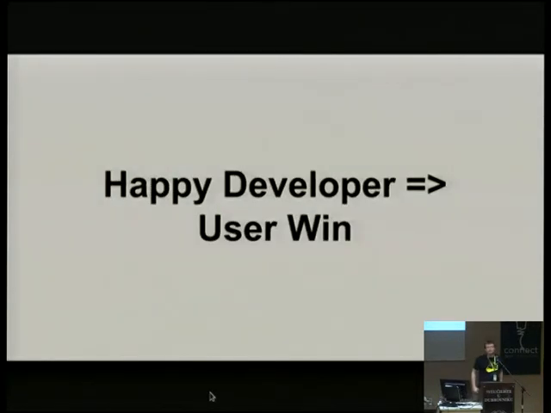Okay. So the first thing is that a happy developer means that the user wins. Probably you know that YaST is mostly developed by SUSE developers. I think currently it's almost only SUSE developers. There are almost no community members.